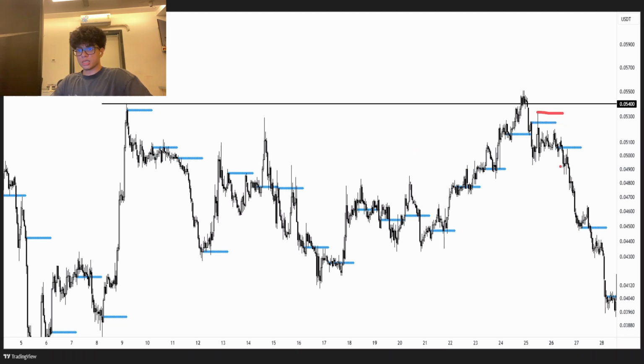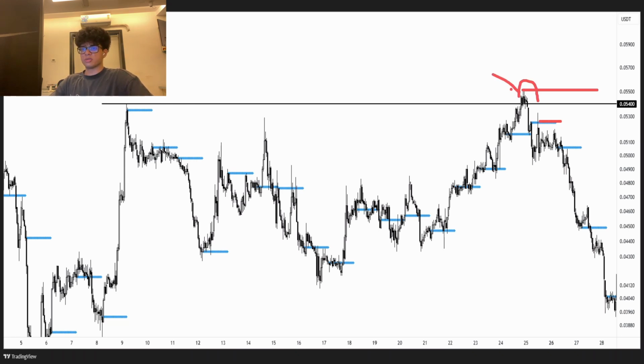I mean, it would work in this instance, but if you want a more conservative approach, then you should put your stop loss here. So why would you not put your stop loss here? This is because the black line is also a resistance area, right? So price could definitely come back here and then go back down, right? But if you're shorting here, your stop loss should be here above the furthermost deviation.